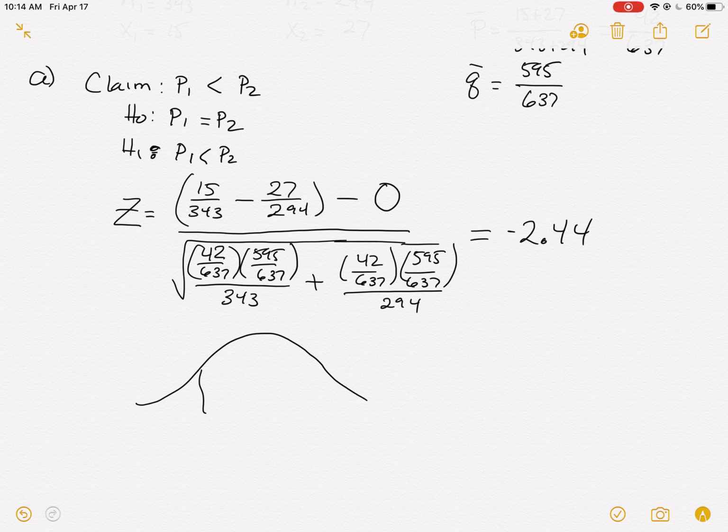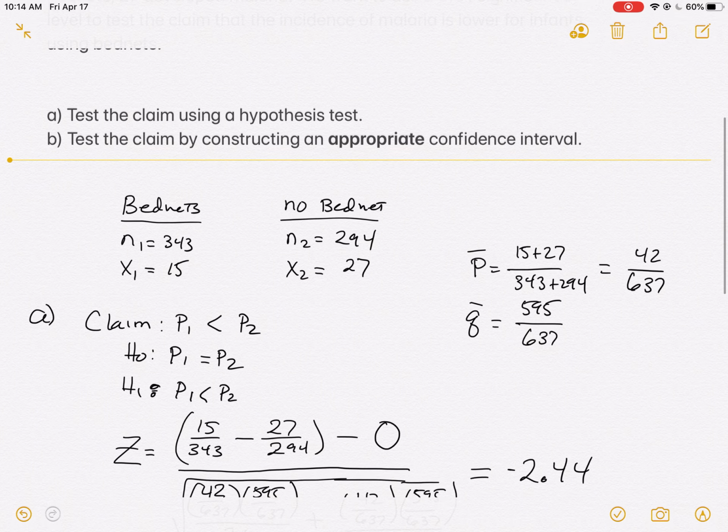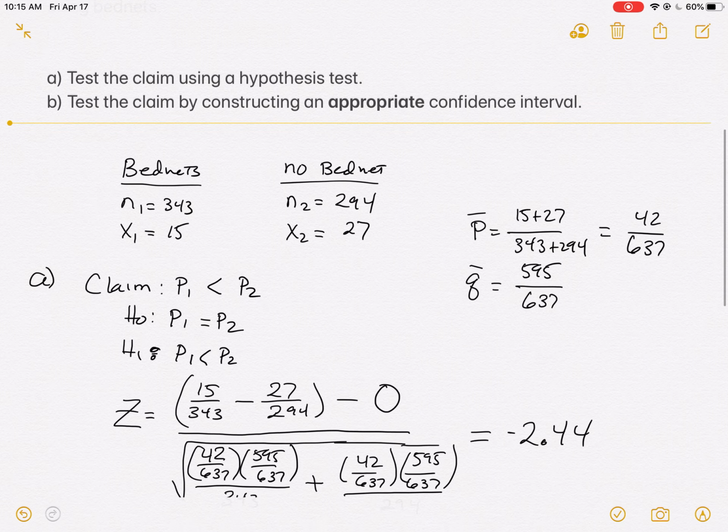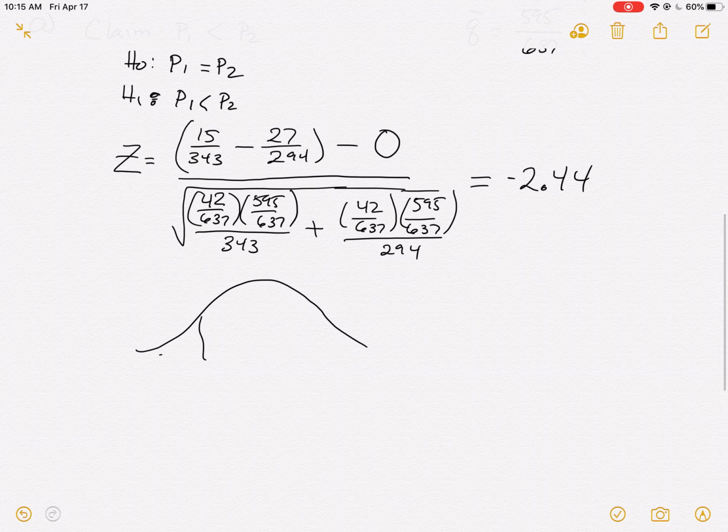What are we going to do? We're going to put the significance level in there. The significance level that they asked us to use was 0.01. We're going to look up that 0.01 in the back of the book. It's not going to be there exactly, but it's going to be related to 2.33 like you've seen already in chapter 8.